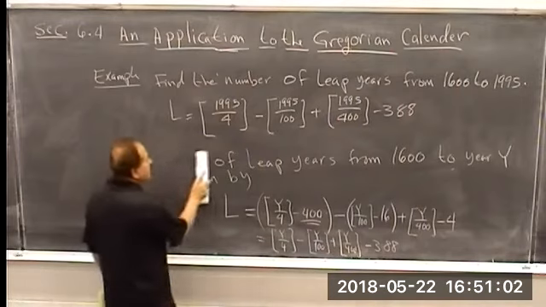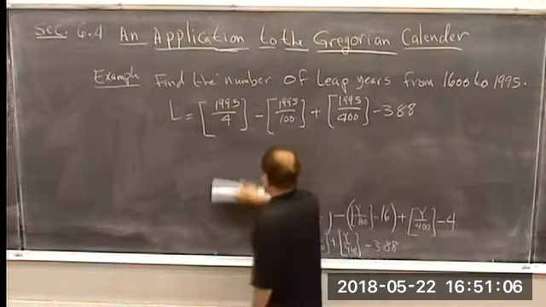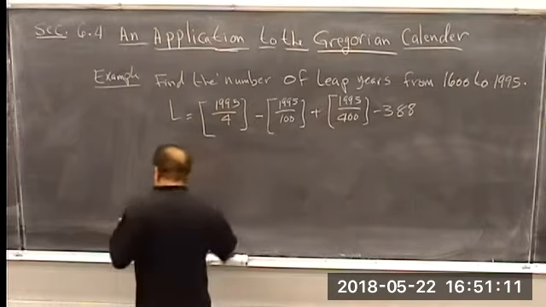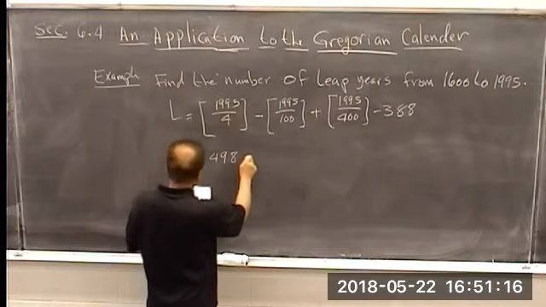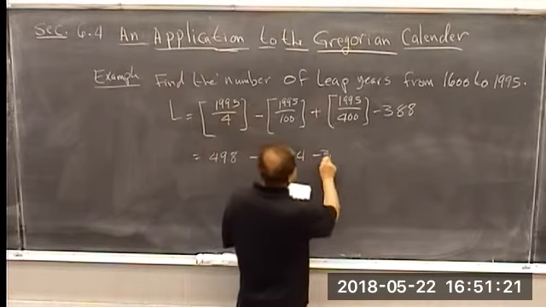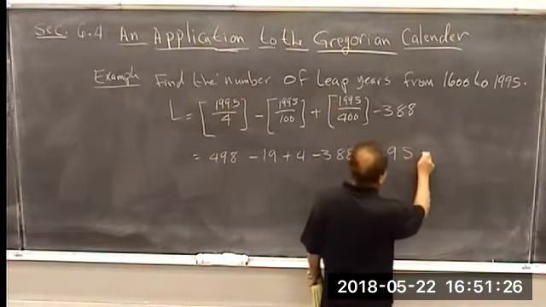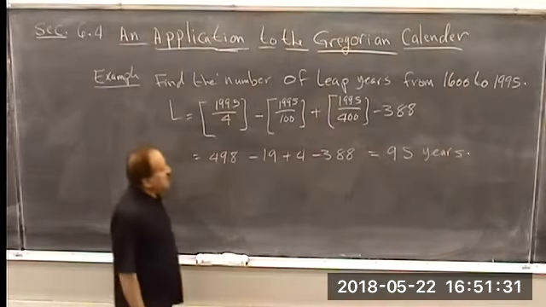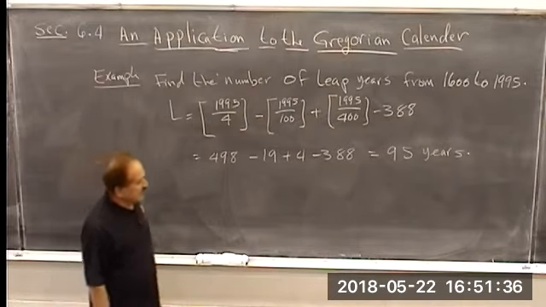And doing the brackets for each one of these fractions gives us the following values. The first one is 498. Then we have minus 19 plus 4 plus 388, all together giving me 95 years. So there are 95 leap years from 1600 to 1995.